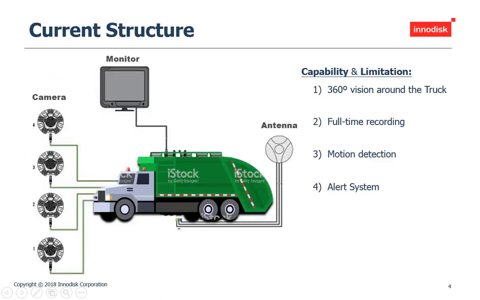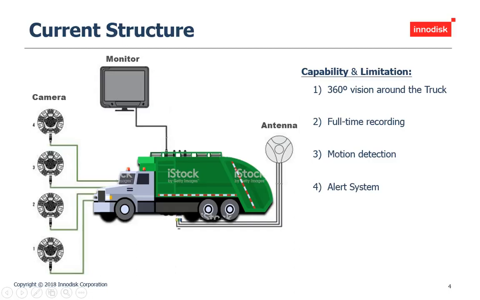Let's first look at their current structure of the smart truck. They have four cameras, one on each side of the truck, which offer 360 vision around the truck.